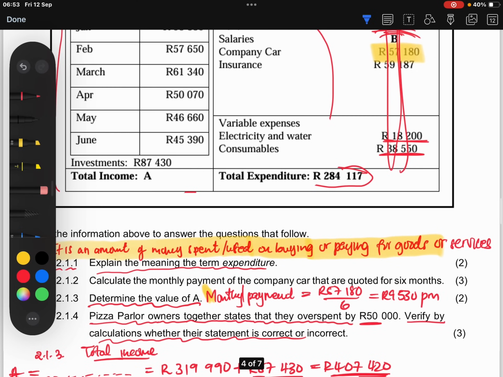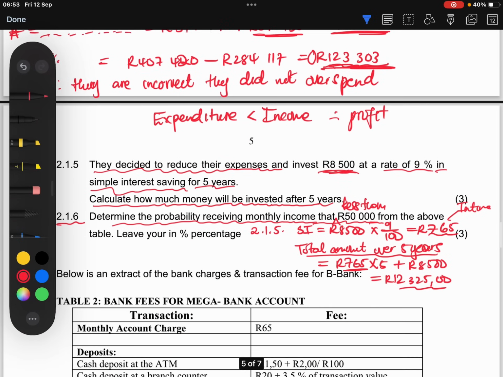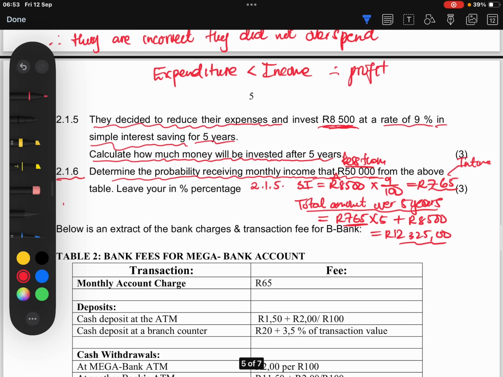How many incomes are less than 50,000 here? If you look, it's the 45s. It's this one, it's this one. Only those are less than 50,000.